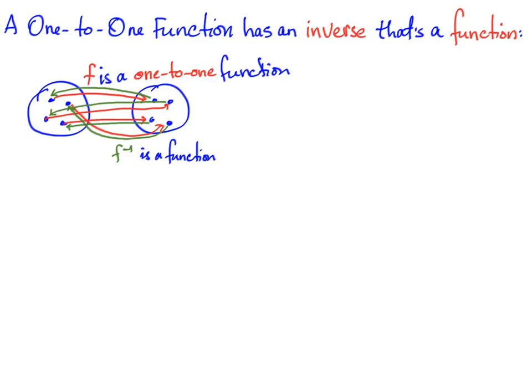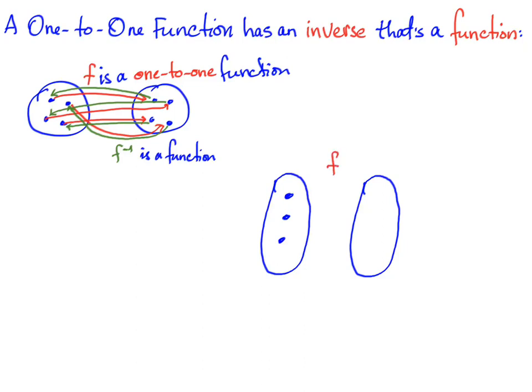So let's look at a different picture where that doesn't happen. Suppose I have this function f. Each blue dot on the left has only one red arrow coming out of it. So f is definitely a function, right?